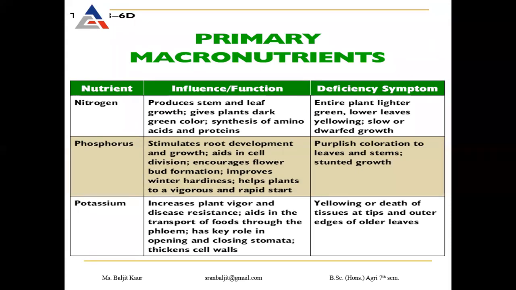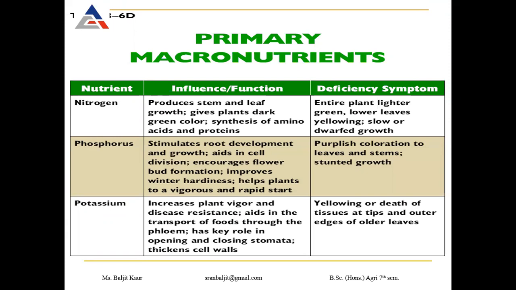Then potassium. The function of potassium is to provide resistance against diseases, and it also improves the quality of fruits or vegetables, right? It increases plant vigor and disease resistance. It aids in the transport of foods through the phloem, has a key role in opening and closing of stomata, and it thickens the cell walls, right?